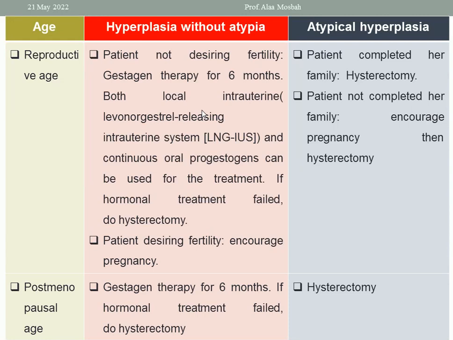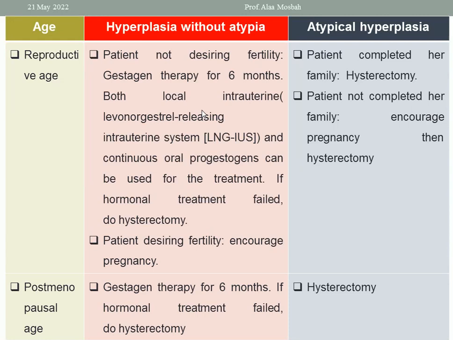But if the patient has not completed her family and desires fertility, encourage her to become pregnant, and after completing her family, do the endometrial biopsy again, endometrial sampling. If still atypical hyperplasia, you can do hysterectomy after she has completed her family size and needs no more children.